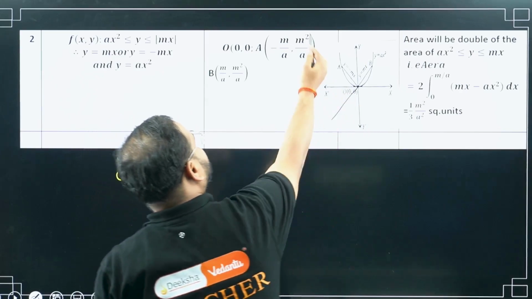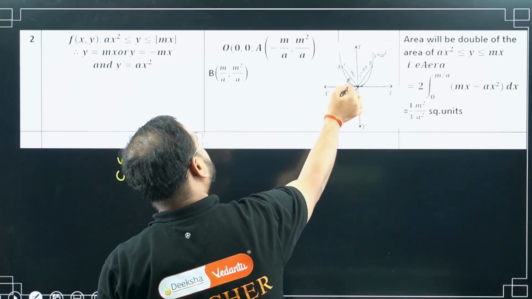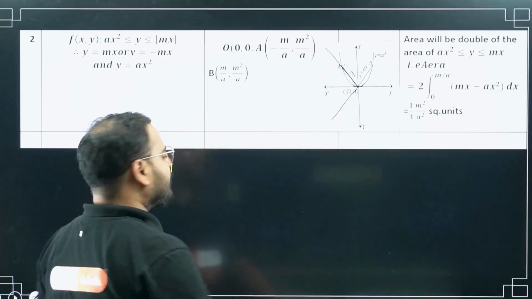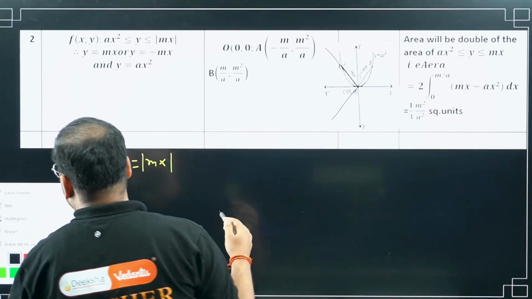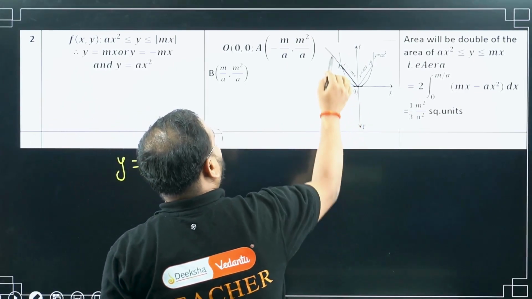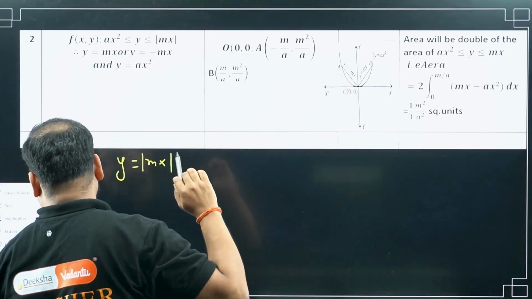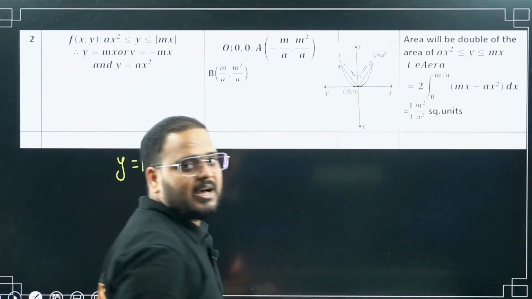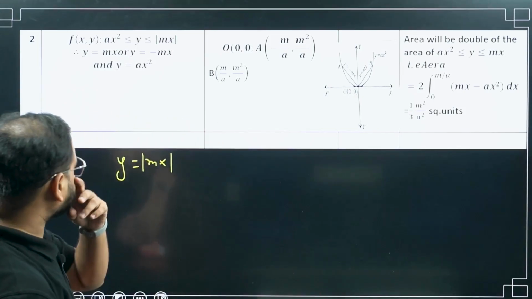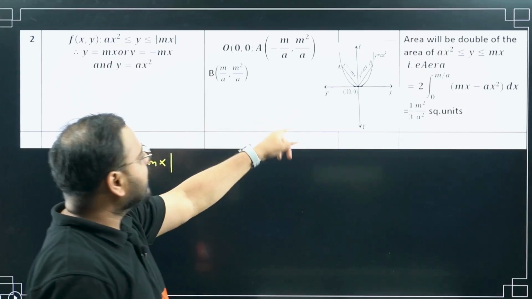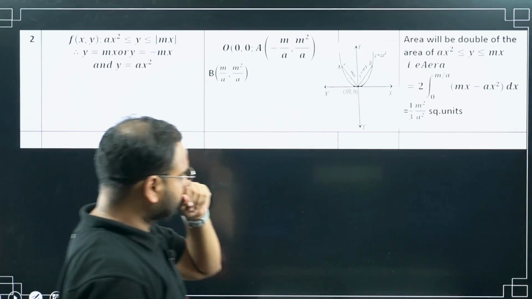It has gone up like this, because we have taken mod, sir. That's why the negative part of the y equals mx line has gone up. Same thing will happen, and the same approach will apply.